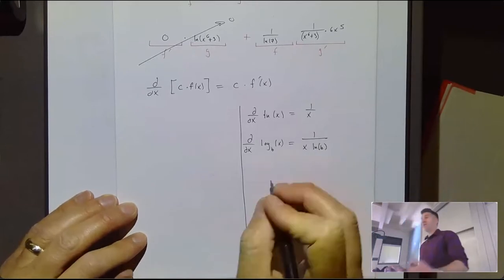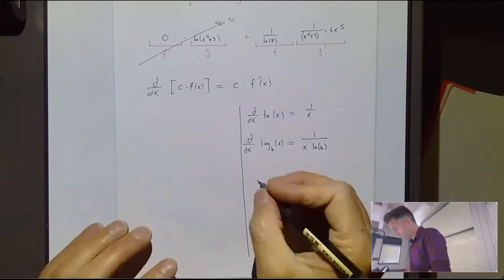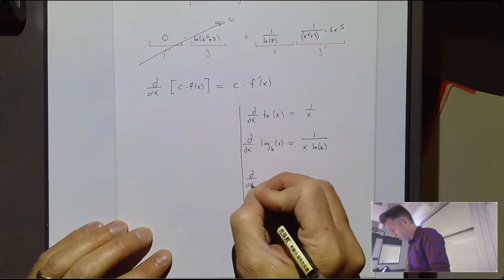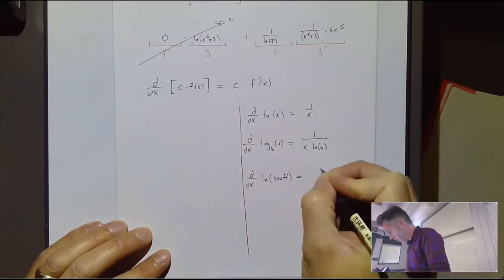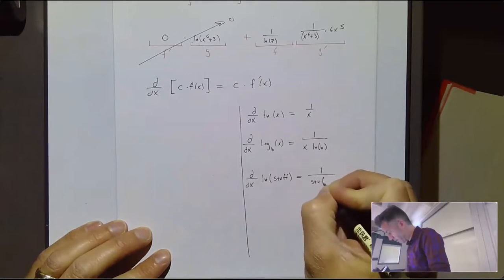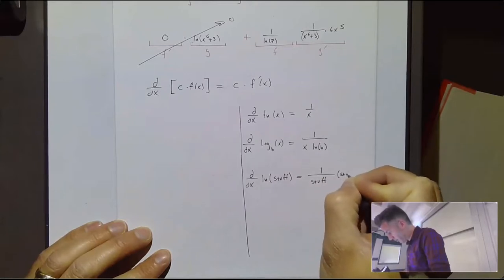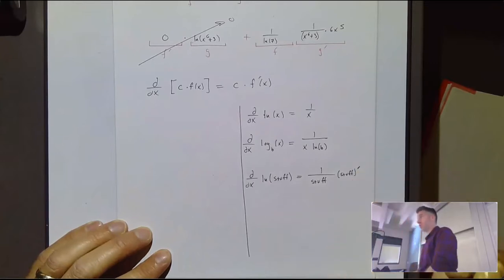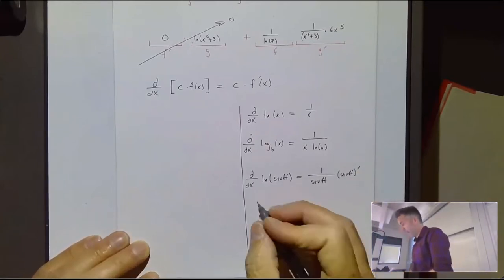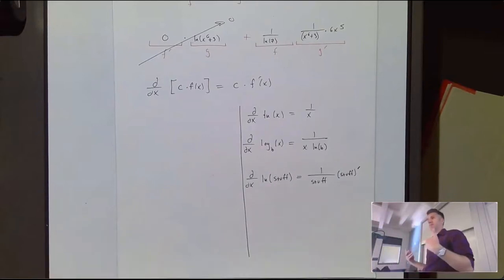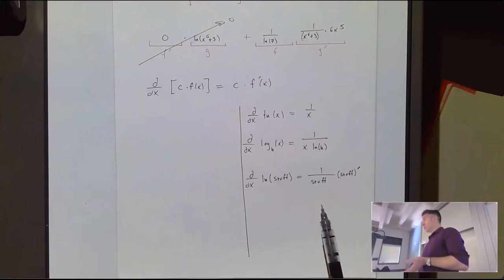And then we have the chain rule versions. The derivative of the natural log of some stuff is 1 over the stuff times the derivative of the stuff. You could put that derivative of the stuff in the numerator if that looks better to you. I don't like to, because when I say it this way, it really reminds me that the chain rule is what's happening here.